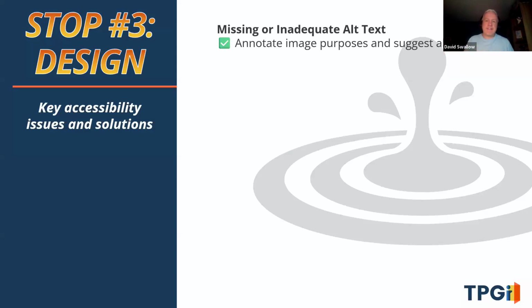The ripple effect is that developers are left guessing how to implement alt text, leading to inconsistencies. What should happen is designers should include explicit annotations for image purposes. So, as I say, decorative, informative, functional, and provide suggested alt text.